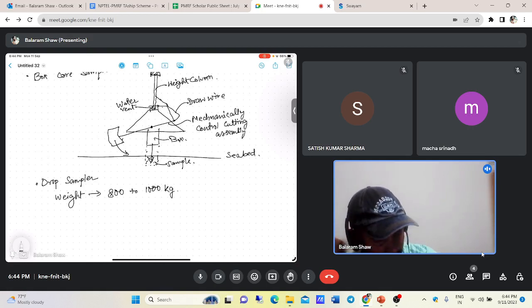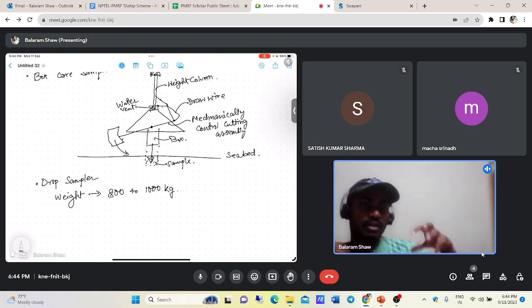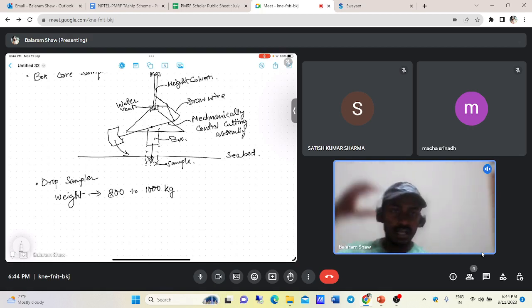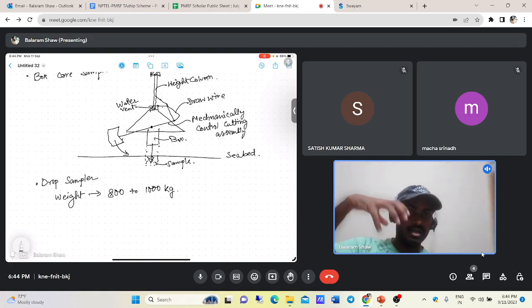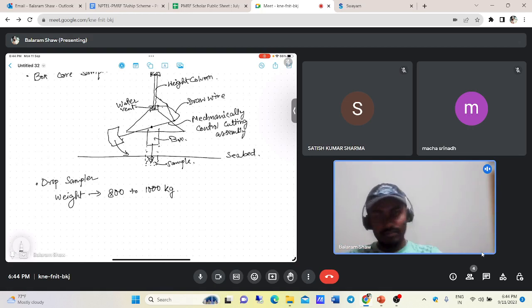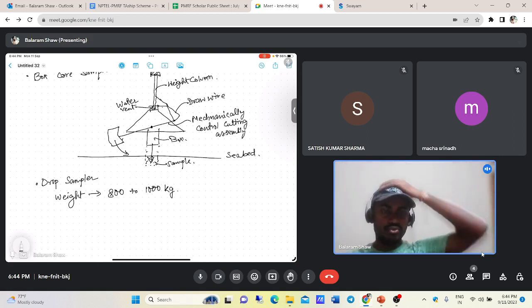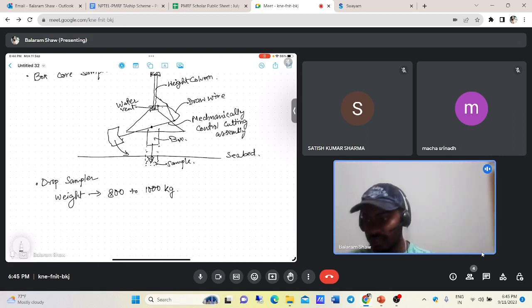Okay, weight for the drop core will be 800 to 1000 kg. Now with its load, it will go to the seabed and penetrate because of the impact load, and then we'll get the sample, and by means of the core catcher and the cutting shoe, it will again be brought to the surface, and then we have the sample.